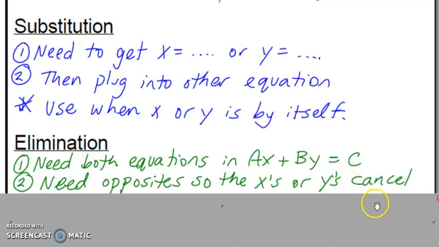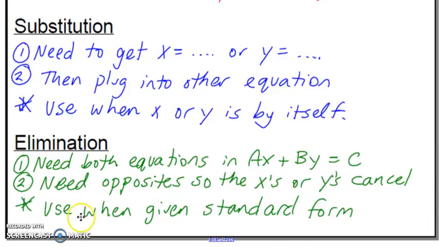So sometimes we have to multiply one of the equations by a number, or sometimes even both of the equations by numbers in order to get opposites. The point of having opposites is so that when we add down, we're eliminating a variable, hence the term elimination. Now, elimination is the best method when you're given standard form already. So if both equations are written in standard form, that's usually a hint that elimination is probably your best bet.